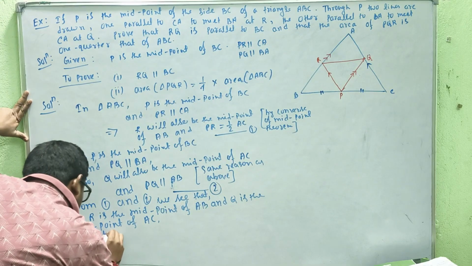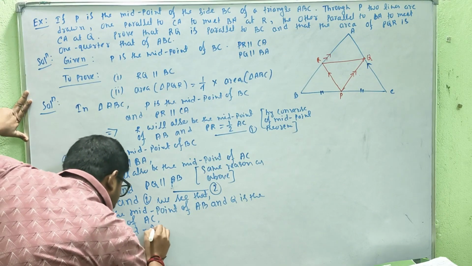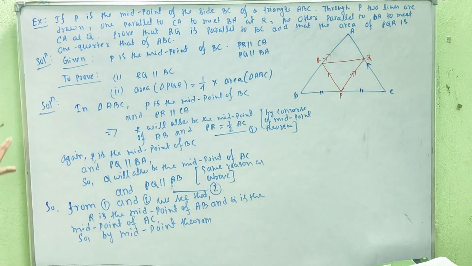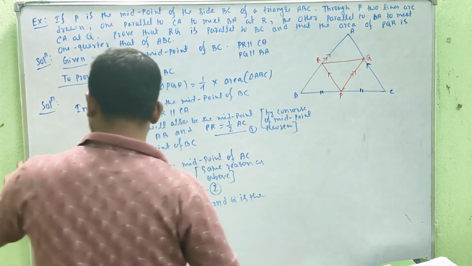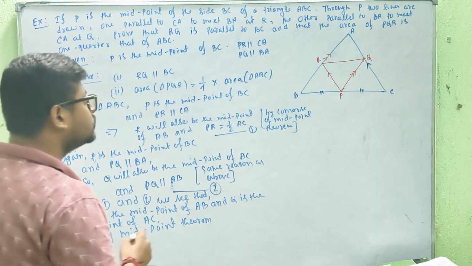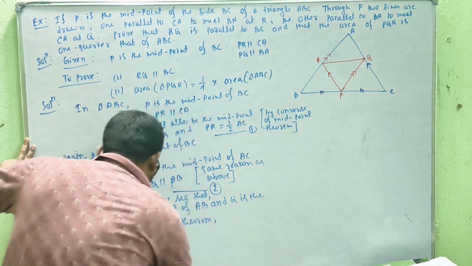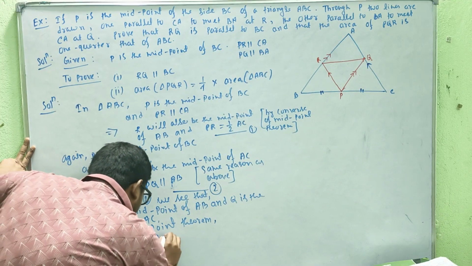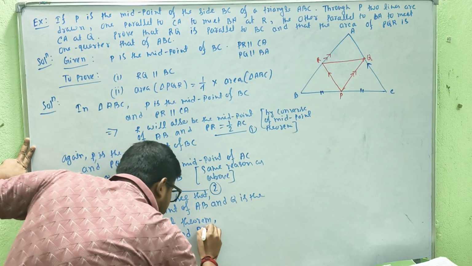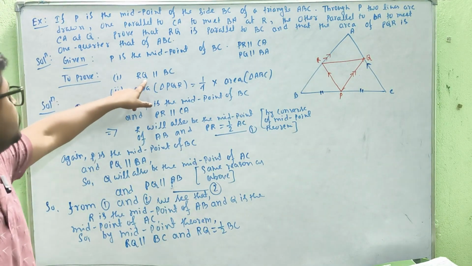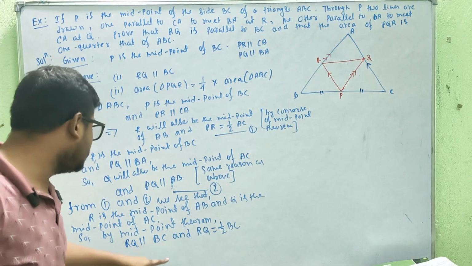So by the midpoint theorem, what is the midpoint theorem? So by the midpoint theorem, RQ is parallel to BC and RQ equal to half BC. So the first condition is proved. RQ is parallel to BC.